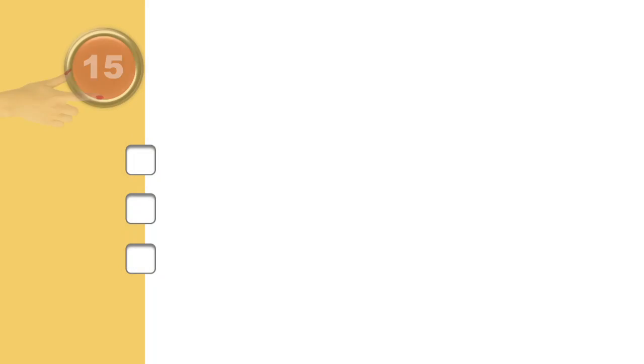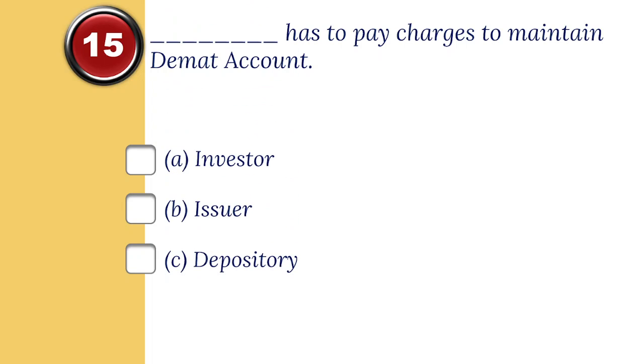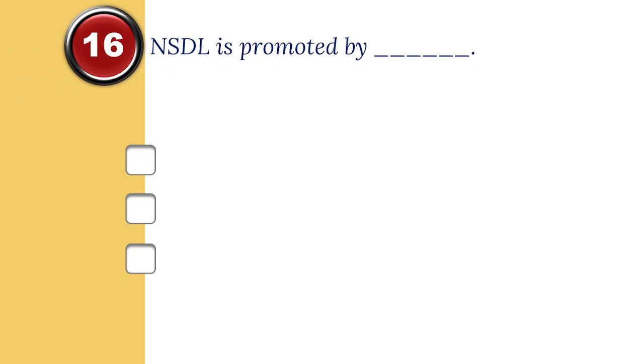15. Dash has to pay charges to maintain demat account. The options are A. Investor, B. Issuer, C. Depository. And the correct option is A. Investor. 16. NSDL is promoted by dash.